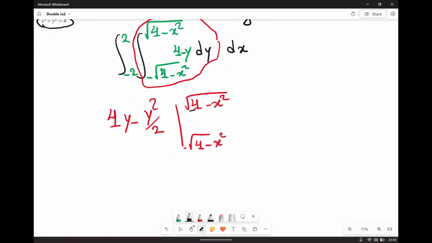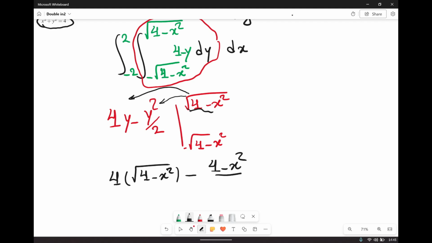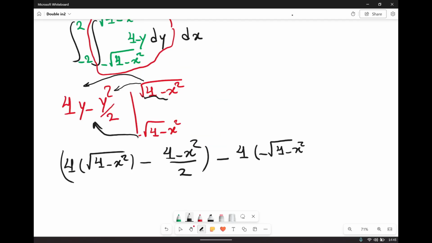Now I substitute this variable here, which is exactly 4 radical 4 minus x squared minus, when I put this radical here, the radical vanishes and it is 4 minus x squared over 2, minus the lower bound, which is 4 minus x squared, minus 4 minus x squared divided by 2.